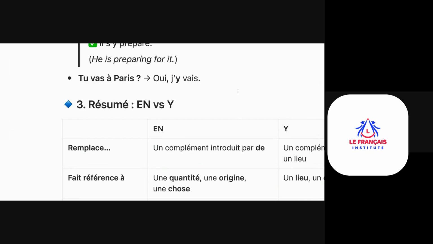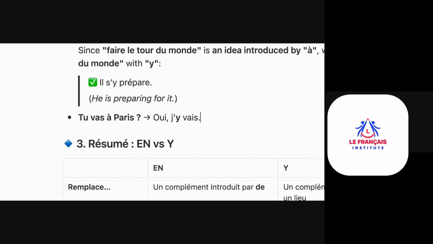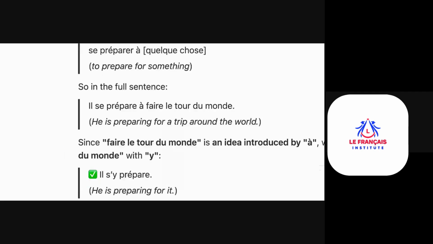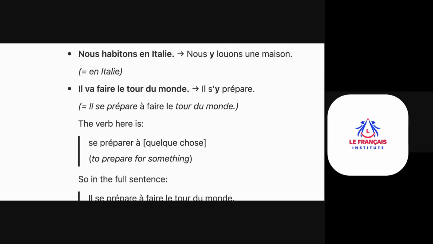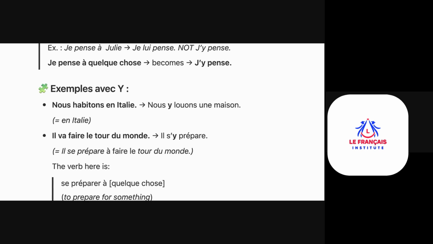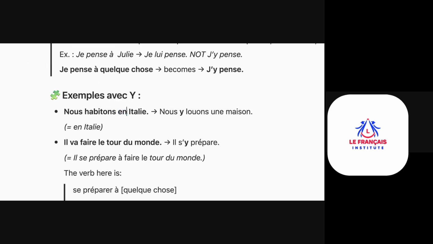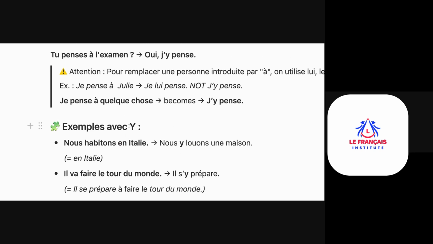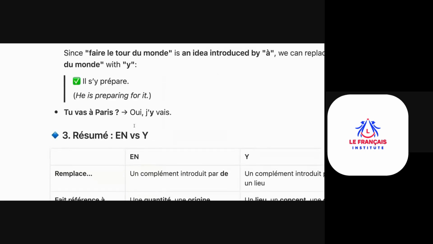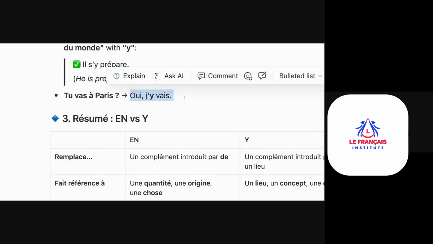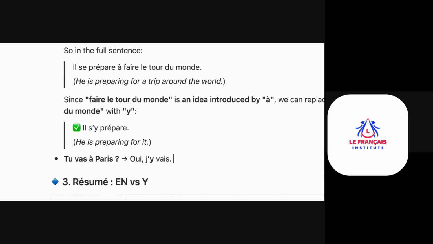Yes, got it. Making any sense? Yes. So any place complemented by à, we replace that by Y. Not only à, any place complement introduced by chez, en, à, or maybe dans, we use Y. There, essentially, there. Yes, I'm going there. Y is for any place there.